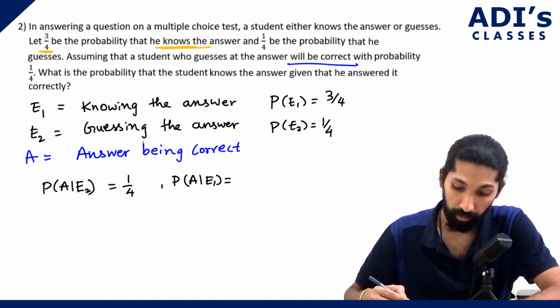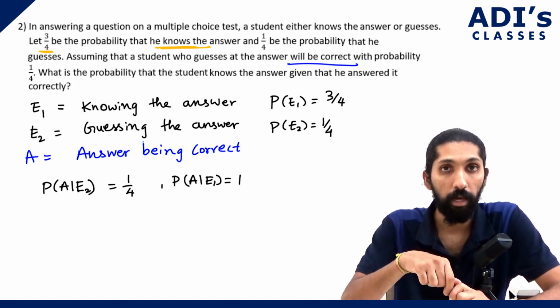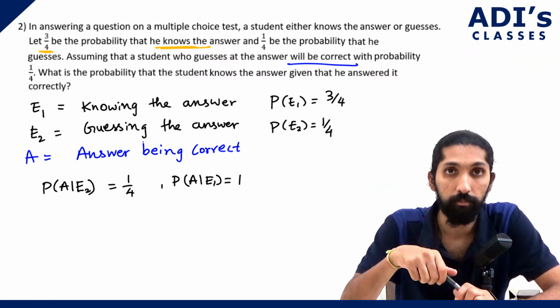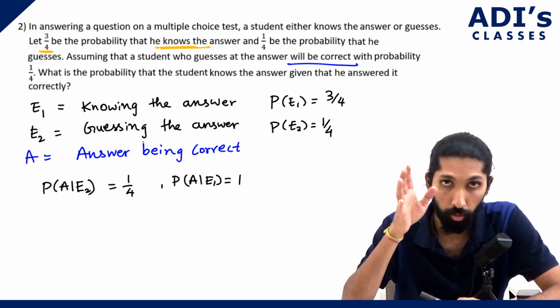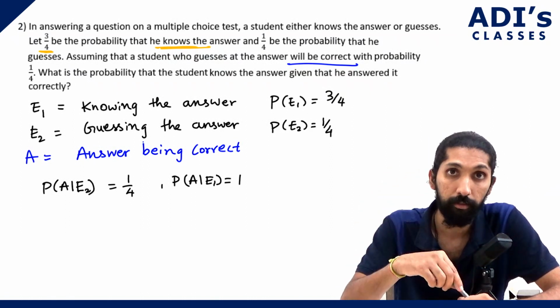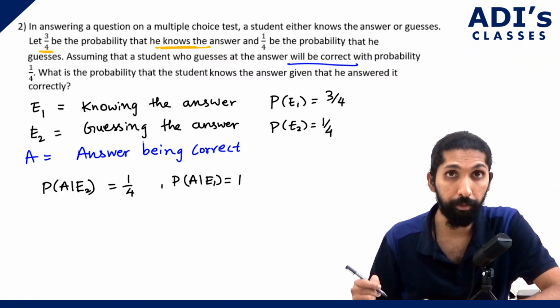Say P of A given E1 is going to be 1 because the student knows the answer and the student is getting the correct answer. That means the probability has to be 1. Think about it. You know the answer and you are going to answer it correctly. So probability will be 1, right? So this is P of A given E1, and P of A given E2.